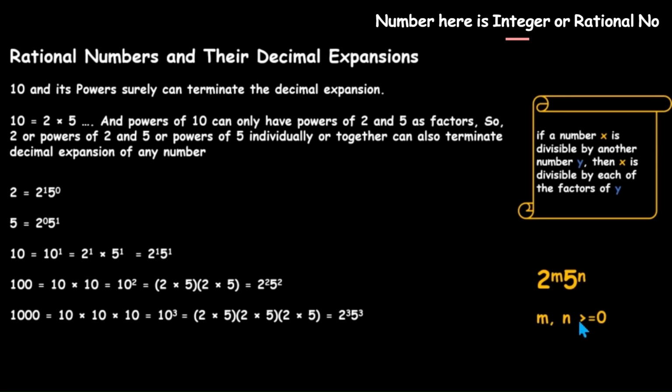So if this condition is met, then the decimal expansion of any number is going to terminate. One final point, the denominator should be only and only in this form. If it is any other number apart from this form, then the decimal expansion is going to be a non-terminating repeating one. Let's see a few examples.